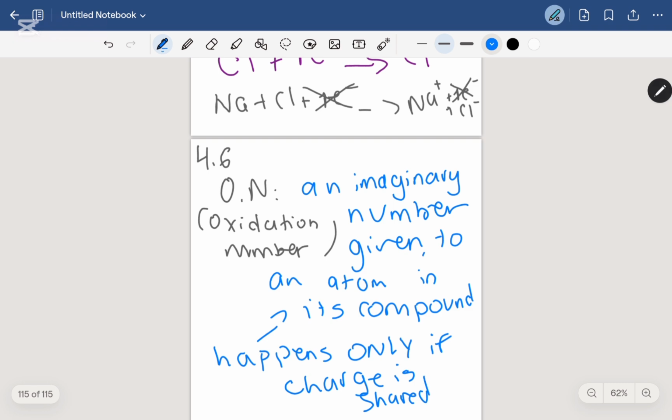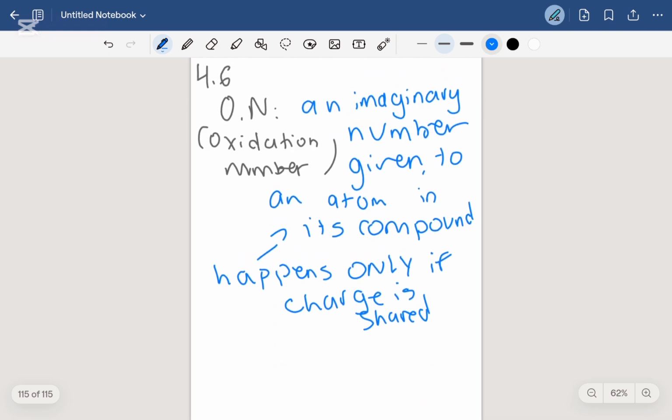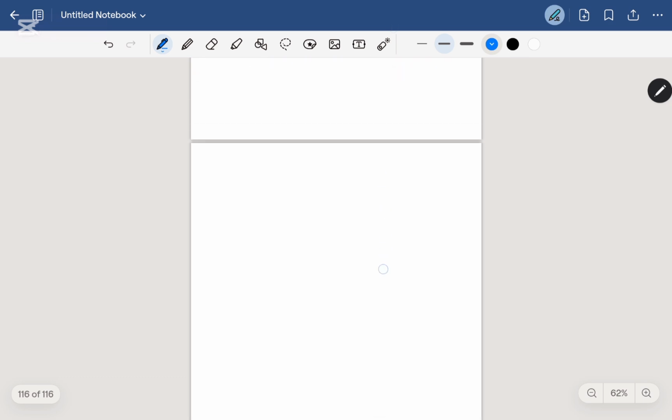So oxidation number is an imaginary number given to an atom in its compound, and this happens only if the charge is shared. So I'm going to have a table of oxidation numbers.